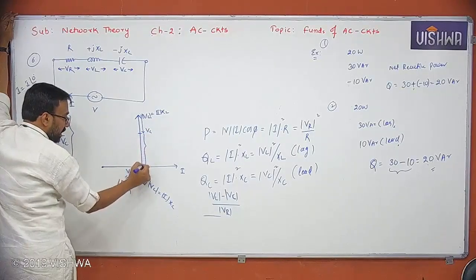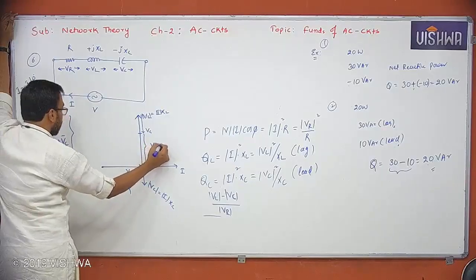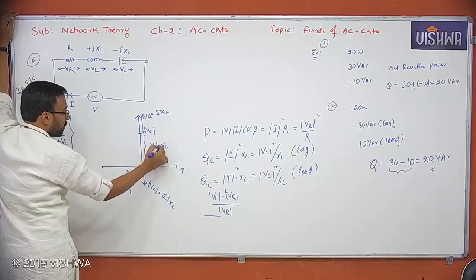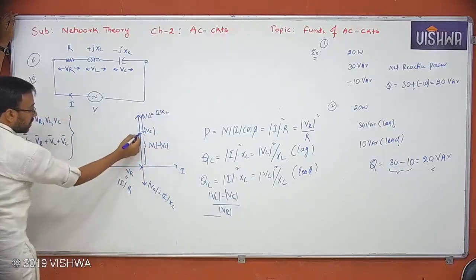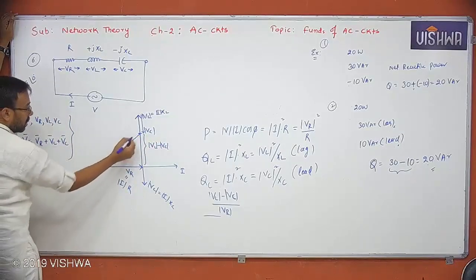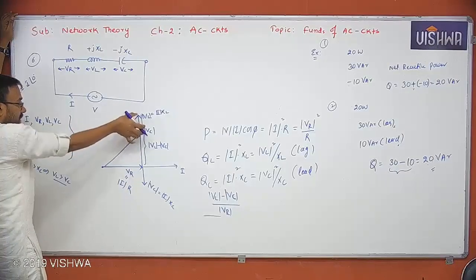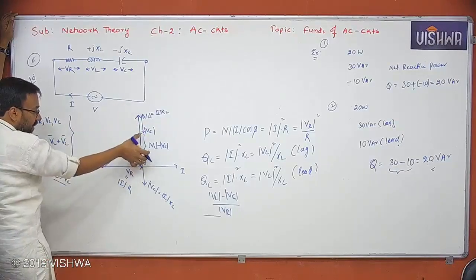Then what is the resultant here? VL minus VC. Now this resultant phasor is VL minus VC, because this is total VL, this is VC. What is the resultant? VL minus VC. Yes or no, all of you?